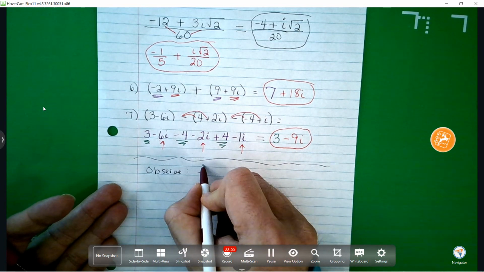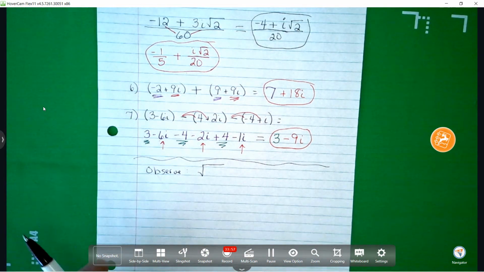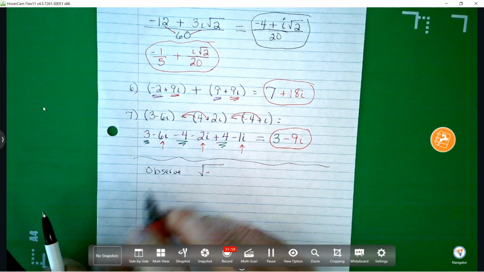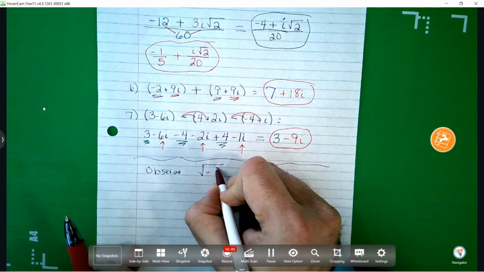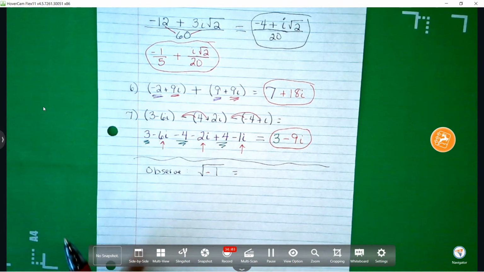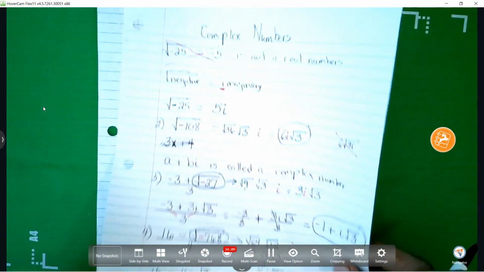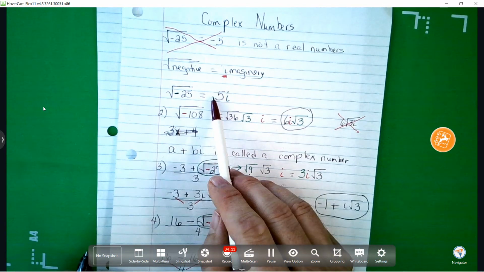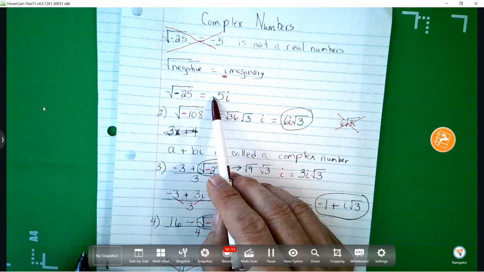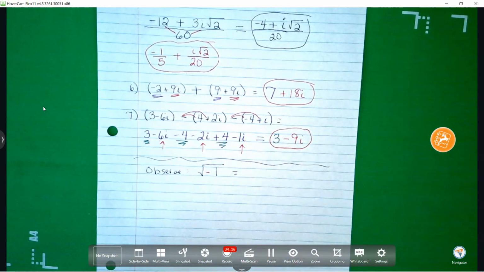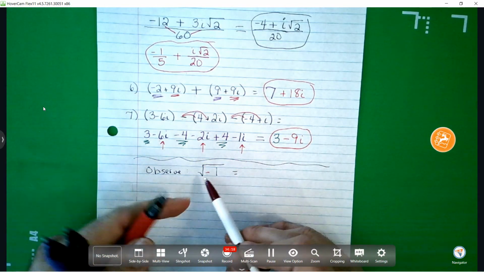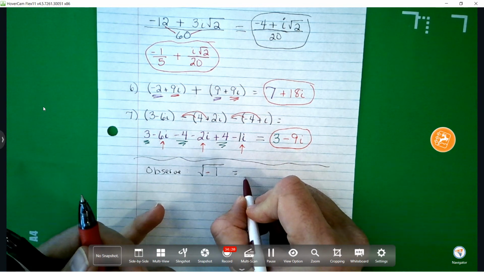How would you simplify the square root of negative 1? If you were simplifying that, like here, this square root of negative 25, you said 5i. Just a 1 under there, the square root of negative 1 would just be a 1i.